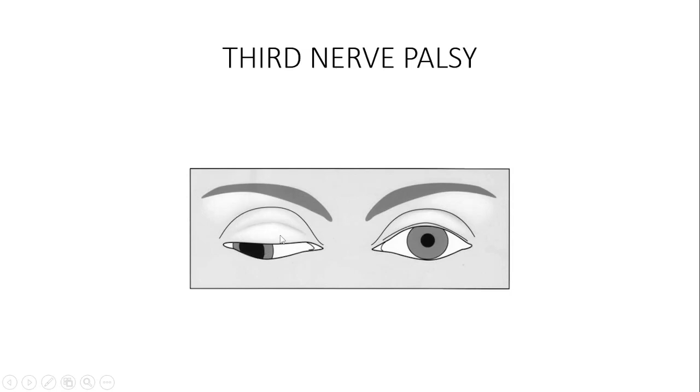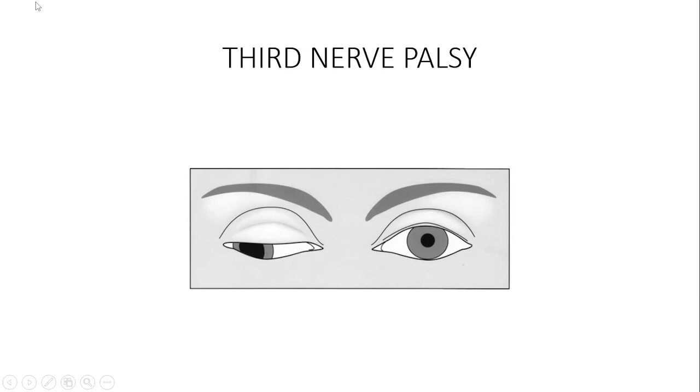Remember? Okay. So the antagonist for the levator palpebrae superioris is what? The orbicularis. So once the levator cannot help in elevating the eyelid, then the orbicularis takes over. That is why the eyelid droops. It's closed because of the third cranial nerve palsy.